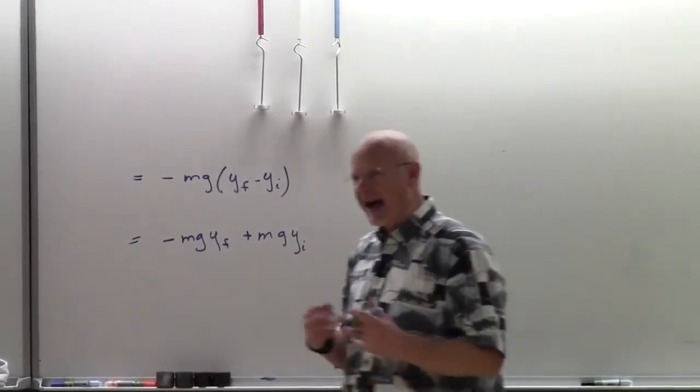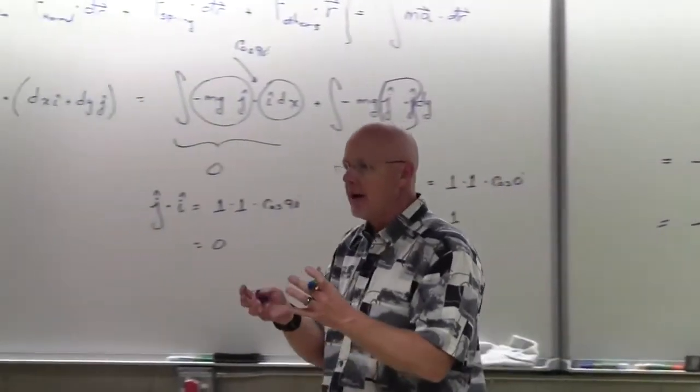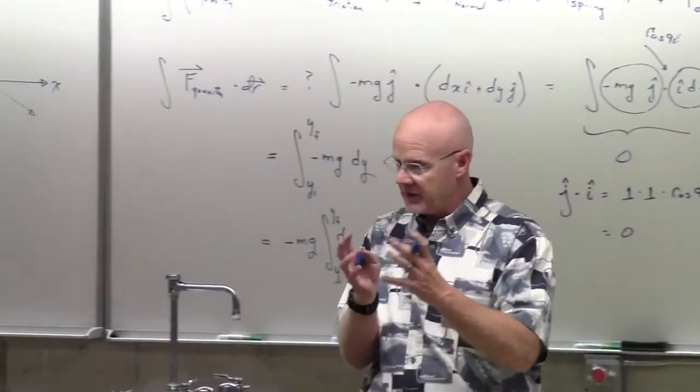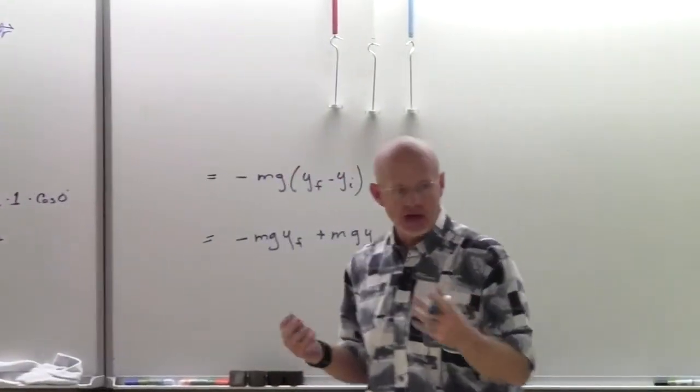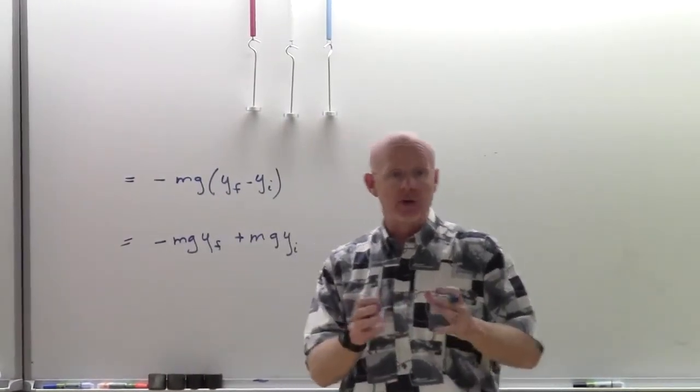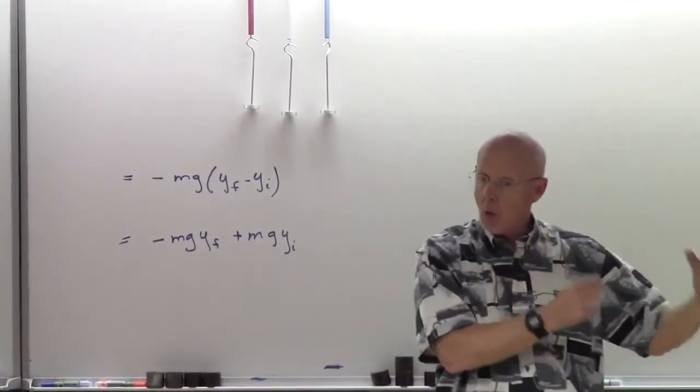Other than getting there in a more mathematical way than you probably saw in Physics 102, don't I really have the same thing, the potential energy mgh? But instead of using h, I'm going to use y.